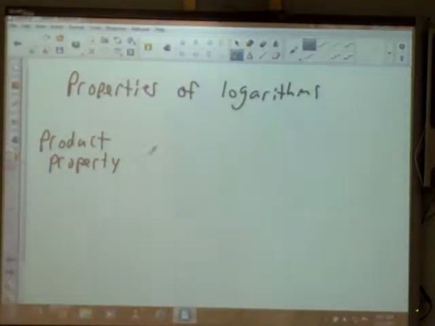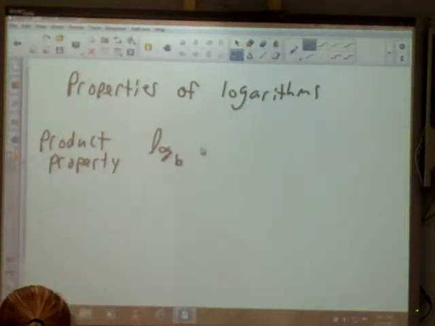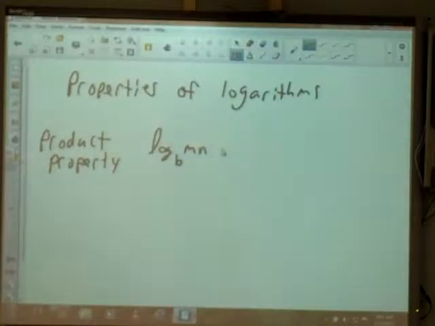So if you had the log base b of m times n, that's the same as the log base b of m plus the log base b of n. What you were multiplying is equal to the sum of the logs.